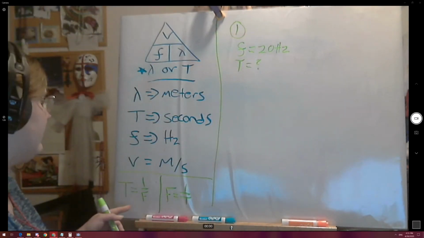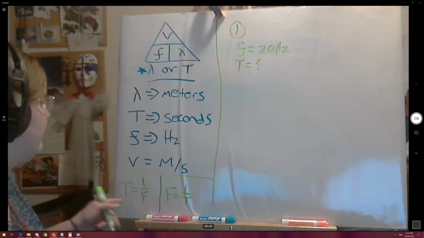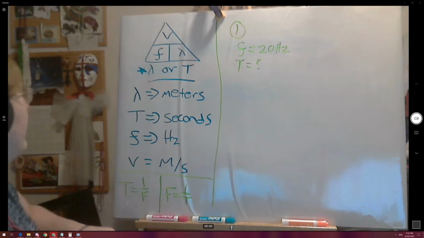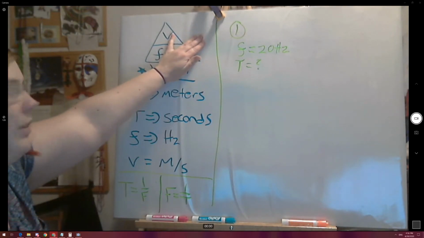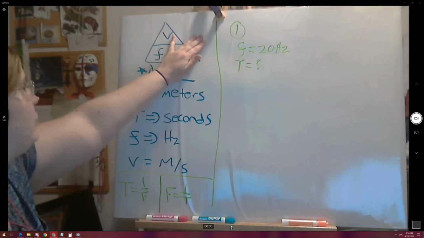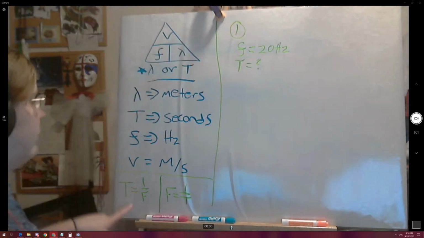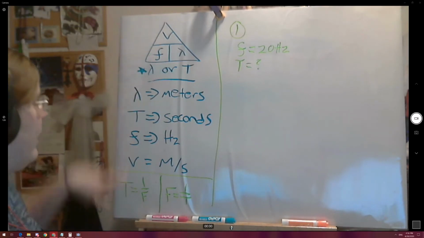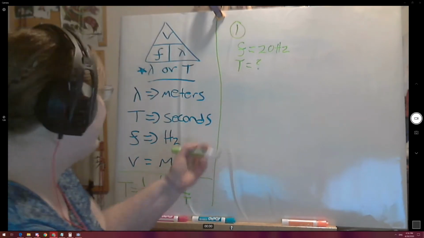If we look down here, we're looking for T, so we're going to be using this equation. Notice that if we cover that up, since we're not given a velocity, we can just substitute 1 in for that and just put in our 20 hertz. It's the same equation, 1 over f.